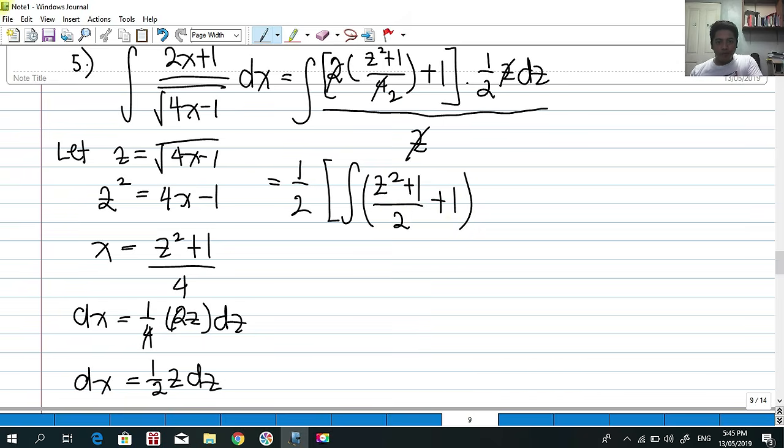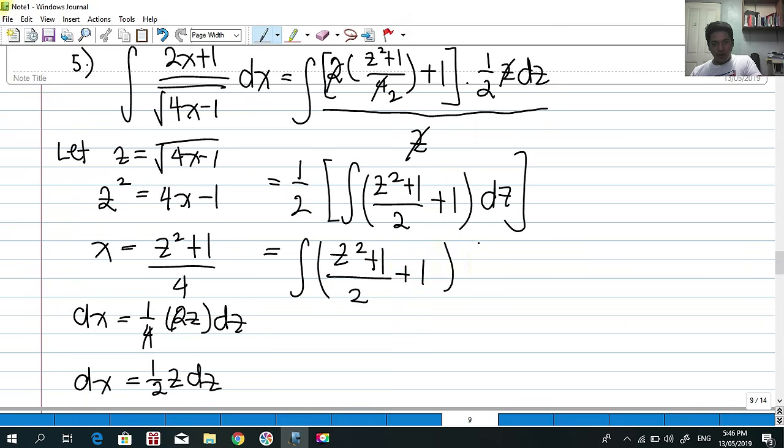So we can now put here the dz. Okay, so let's distribute again the 1/2 for an easier integral. So we have (z squared plus 1) over 2, plus 1, times 1/2 dz. Distributing the 1/2, we have now the integral of (z squared plus 1) over 4 plus 1/2 dz.